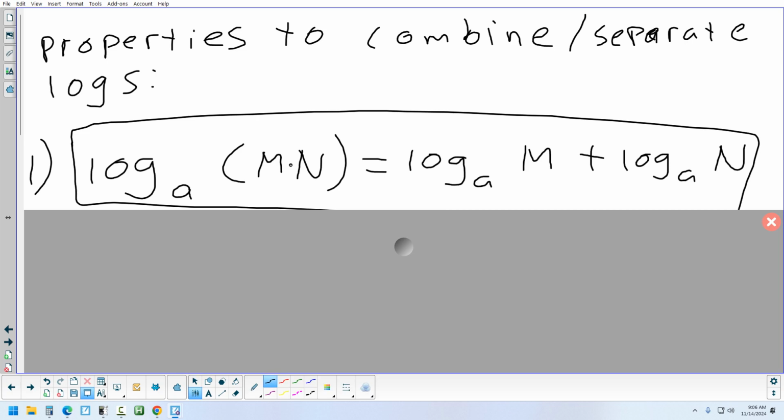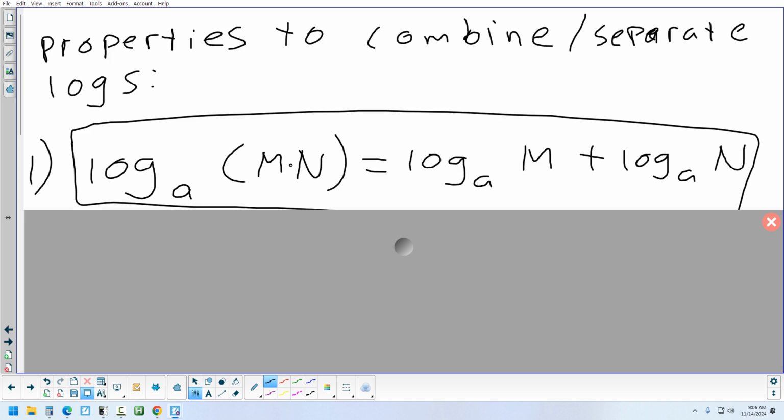If you have the log of a product in your argument, you can separate that into two different logarithms. Okay, kind of break it down. When you break it down into two logarithms, each log has the same base as the one you started with. The first argument is the first factor, and the second argument is the second factor.